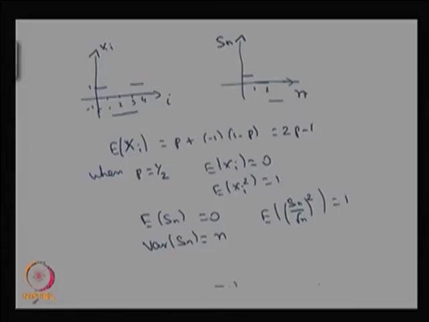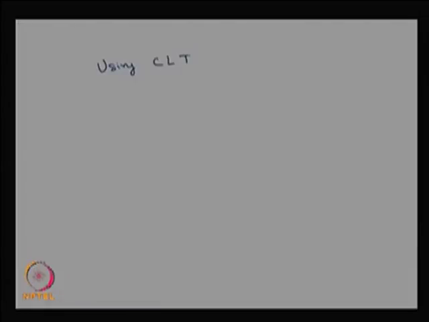So, the way I have got the result for the expectation of Xi's and the expectation of Sn, I can find the limiting distribution of Sn. Using the central limit theorem, I know the mean and the variance of Sn.